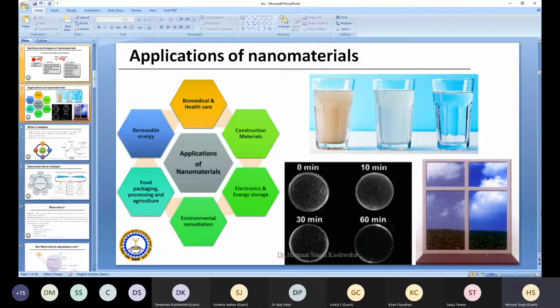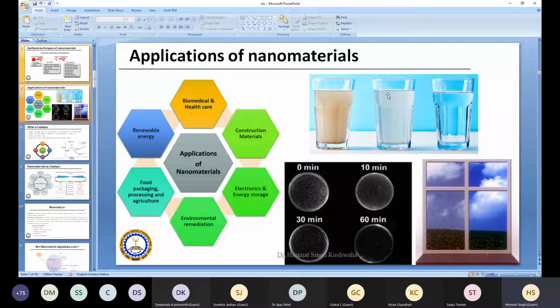These are some examples showing the antibacterial activity of these nanomaterials. We can fabricate self-cleaning windows and self-cleaning glasses by embedding these nanomaterials in a glass matrix, or we can use them for wastewater treatment also.